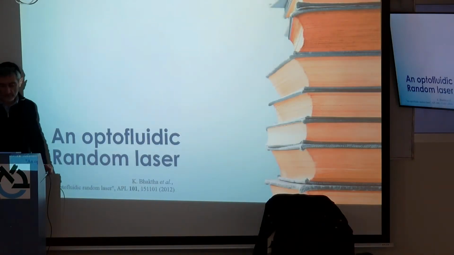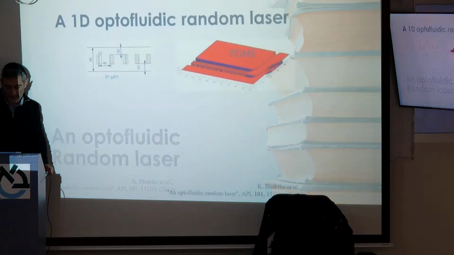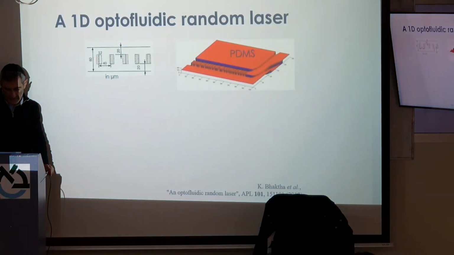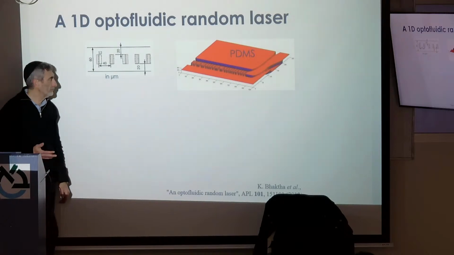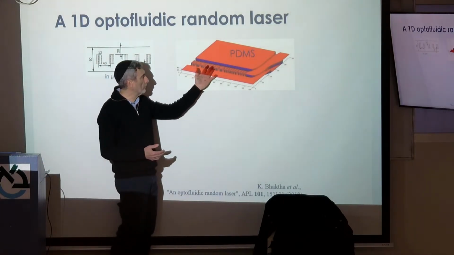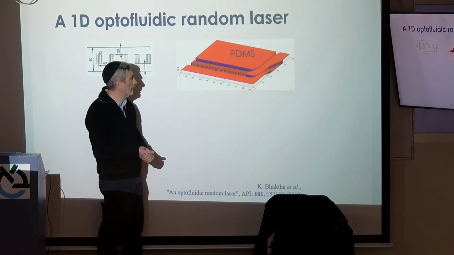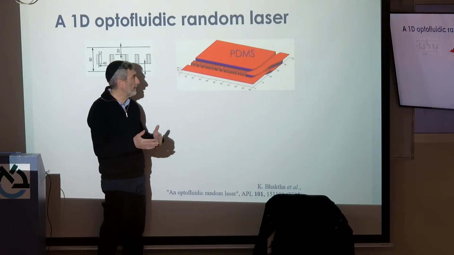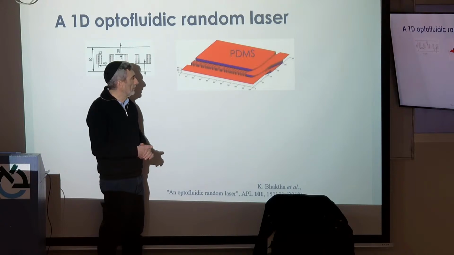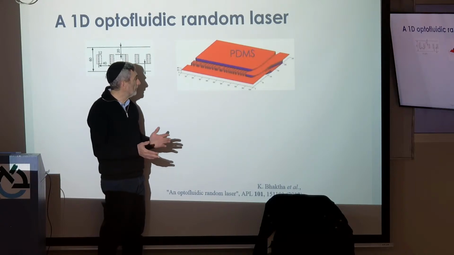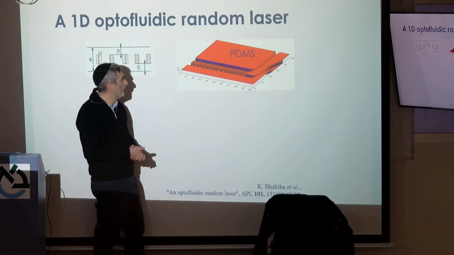So I show you some experiments. That's a very nice experiment that we did some time ago. I don't know if you are familiar with optofluidics. You know what is optofluidics, no? The idea is to have a structure where you can flow some liquid, and this is used in biology to analyze different types of liquids or molecules.